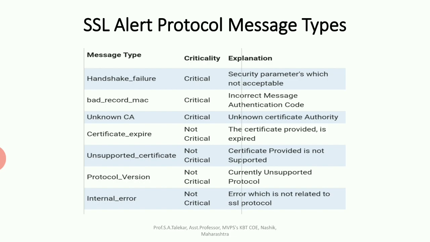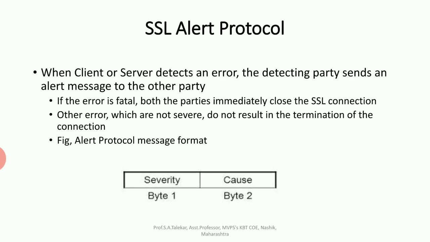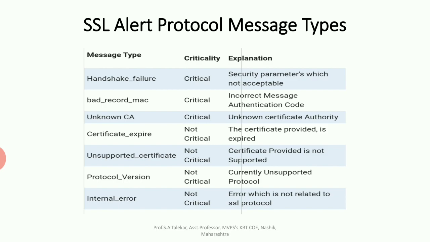Now there are different SSL alert protocol message types. We can see here the message types: handshake failure, where criticality is given as critical. In the previous slide there is a severity; severity means whether it is critical or not critical, that is the criticality.